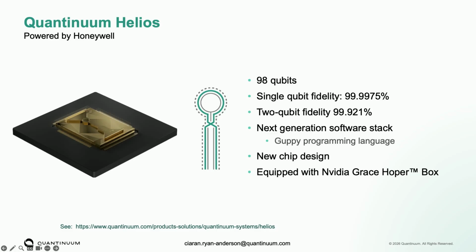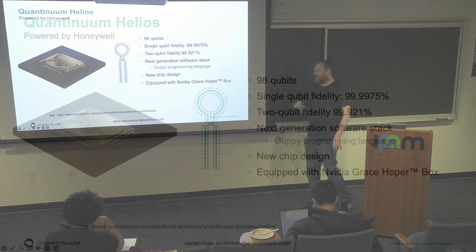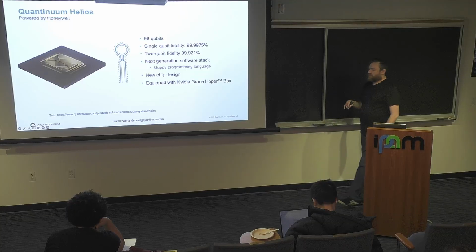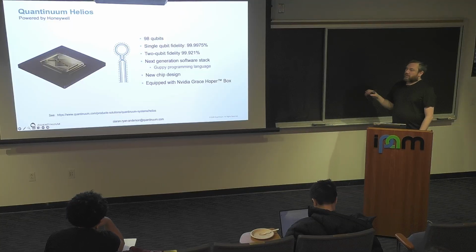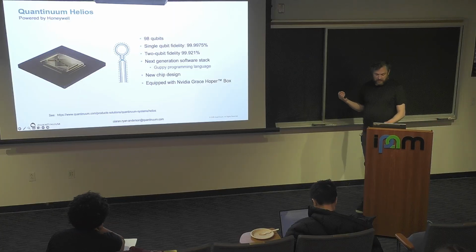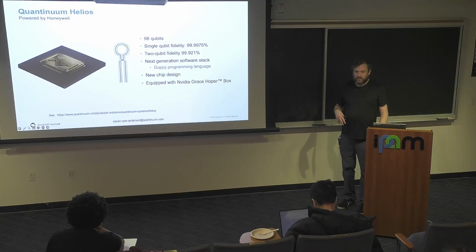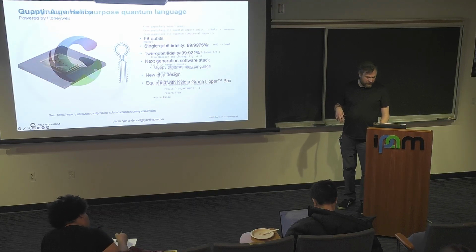First, we did lookup tables, and eventually we used WASM, WebAssembly, to allow users to write whatever decoder they want and run it on a hybrid compute chip, a CPU. And now we've integrated an NVIDIA Grace Hopper box as well, so you can potentially run real-time decoders that use GPUs. So you can do either CPU or GPU real-time decoding.